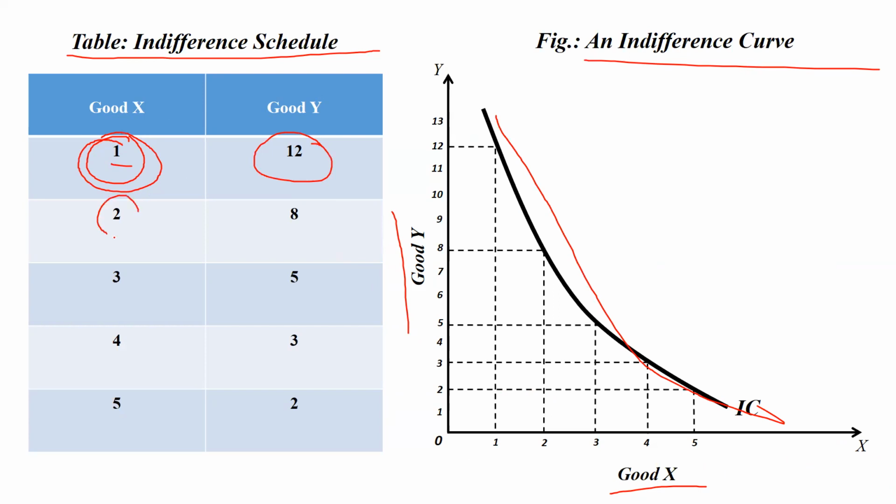When he consumes two units of good X, the person compensates by reducing the other commodity.